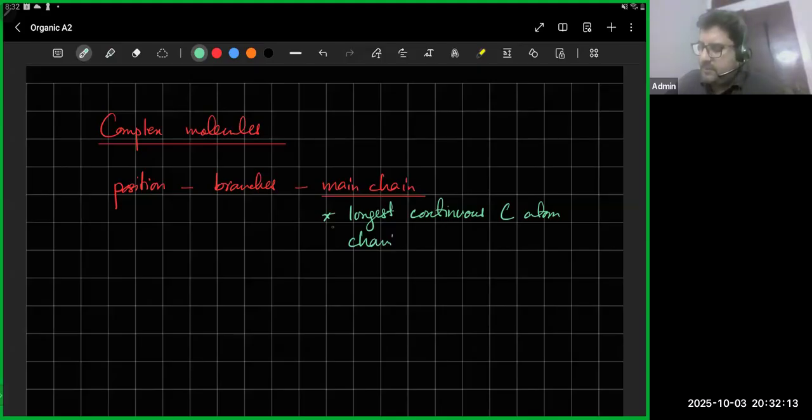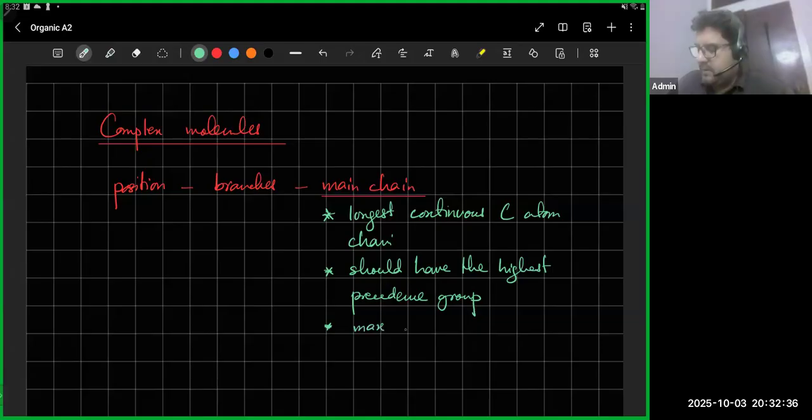And it has some requirements: it should have the main functional group, the highest precedence group on it. It should have the maximum substituent groups, and most things must be in simple words.